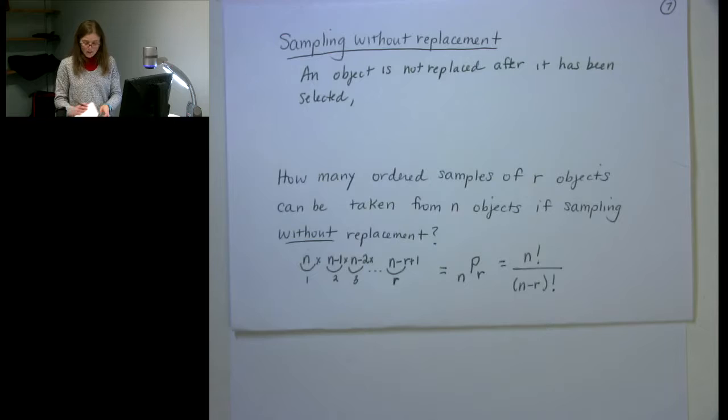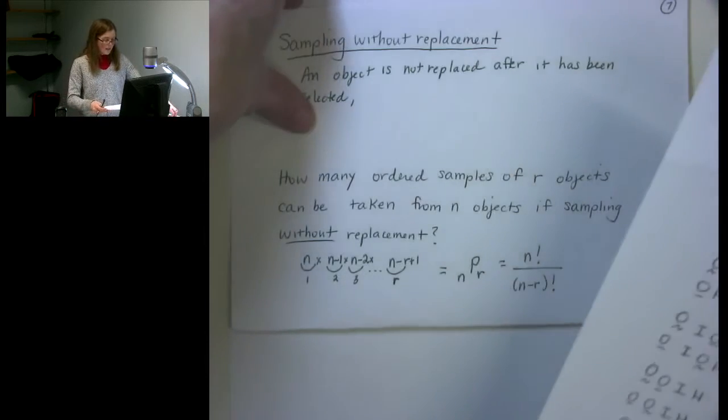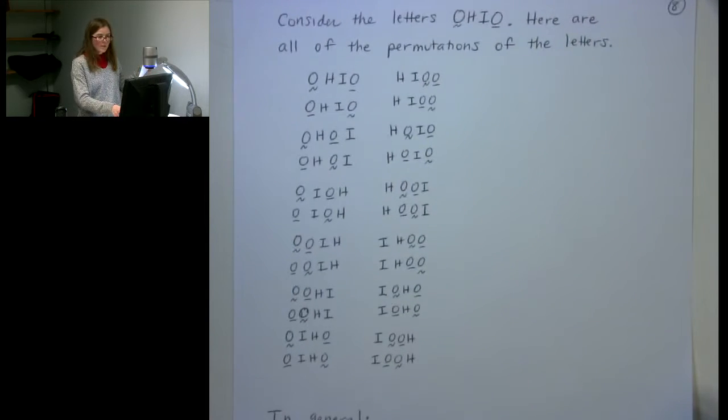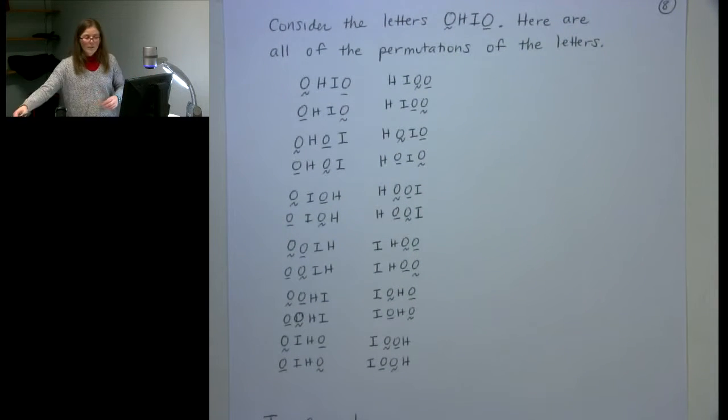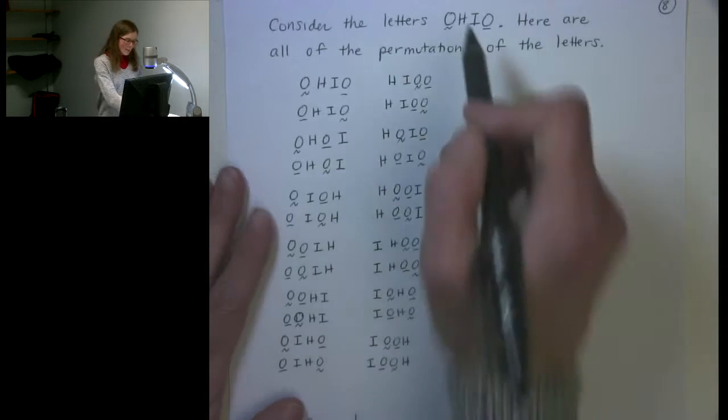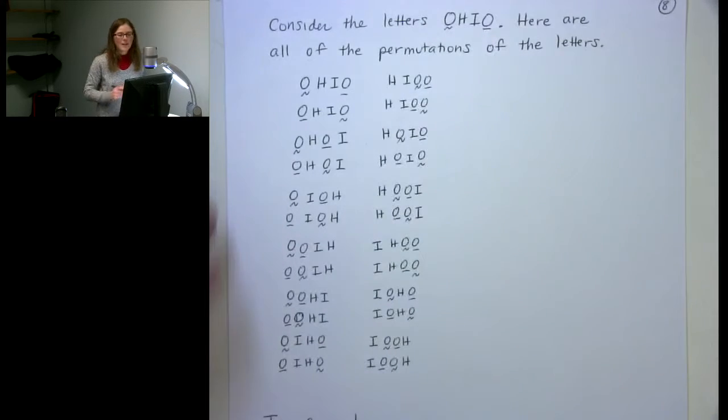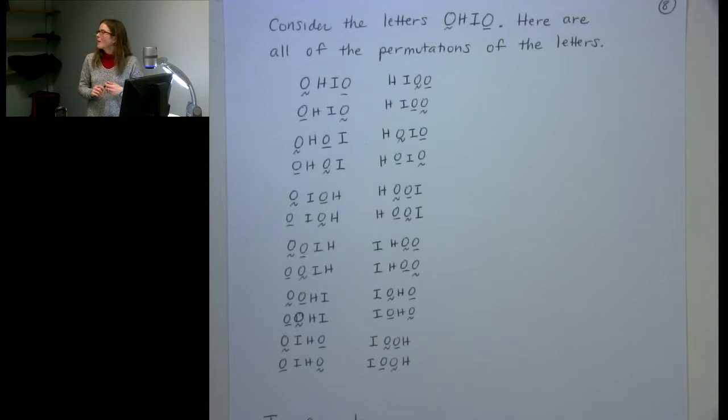And then the last thing I want to talk about is the idea of distinguishable permutations. If I consider the letters in the word Ohio to all be different, and I thought about how many ways I could permute the letters, so I've kind of labeled the O's as being different here, then I could figure out how many possible permutations I have.